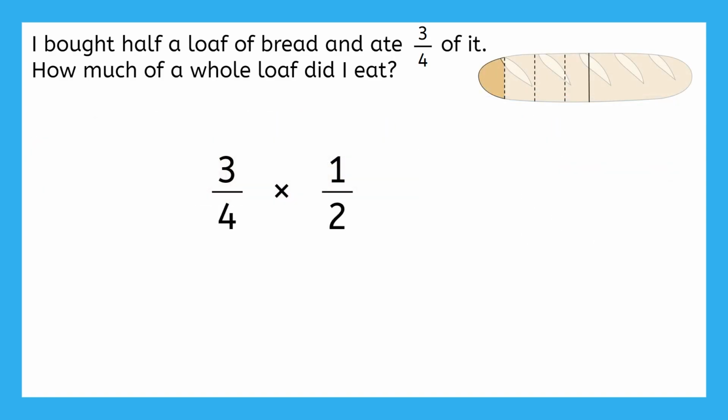When multiplying fractions, we multiply the numerators, then multiply the denominators, and, if necessary, simplify. 3 times 1 equals 3, and 4 times 2 equals 8. I ate 3/8 of a loaf of bread.